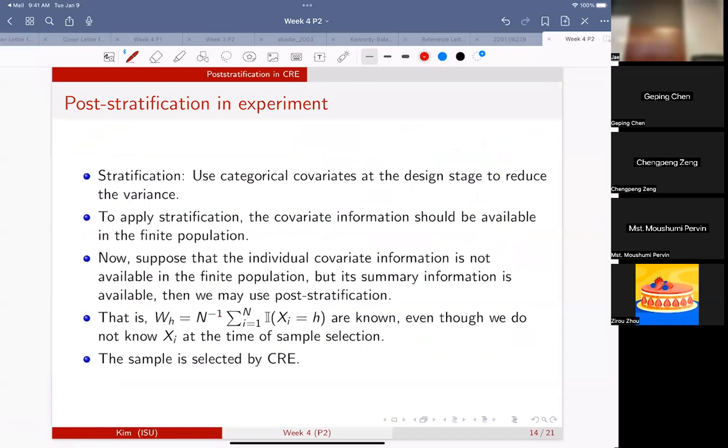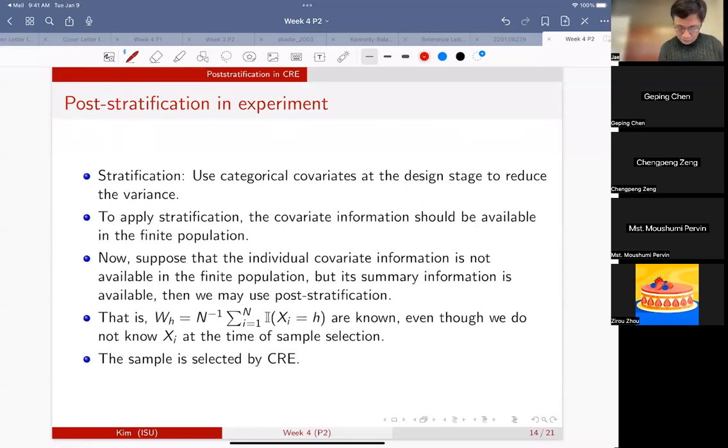So recall, last week, I think it's last week, right? Last week we covered stratified randomized experiment, using the male female twin example, right? So we want to balance, but suppose we don't have that categorical covariate.